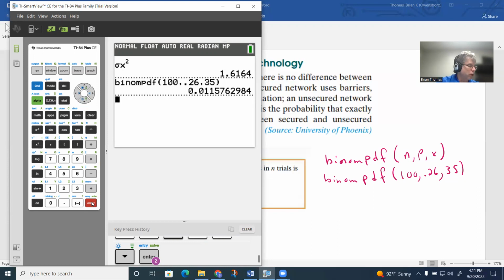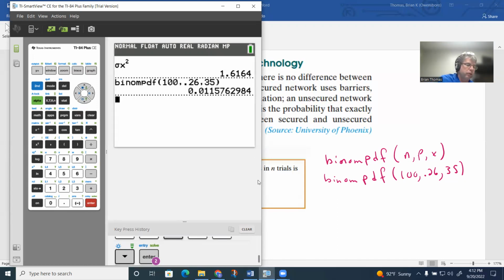So again, when it comes to rounding, it just depends on what they want to do. Sometimes they want to round all over the place. So sometimes we'll probably round to the 10,000th place, or let's round to the 1,000th place this time.